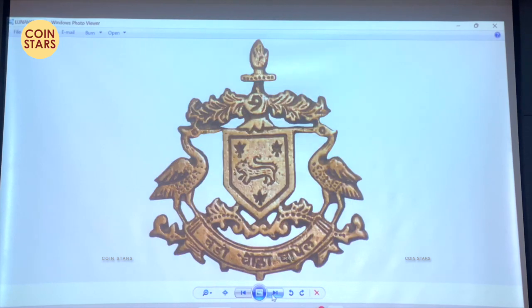Next. Vado Chauhan Baghel. A tiger-like animal here, and two birds holding the shield. And palm on the top. Possibly yes. Next.